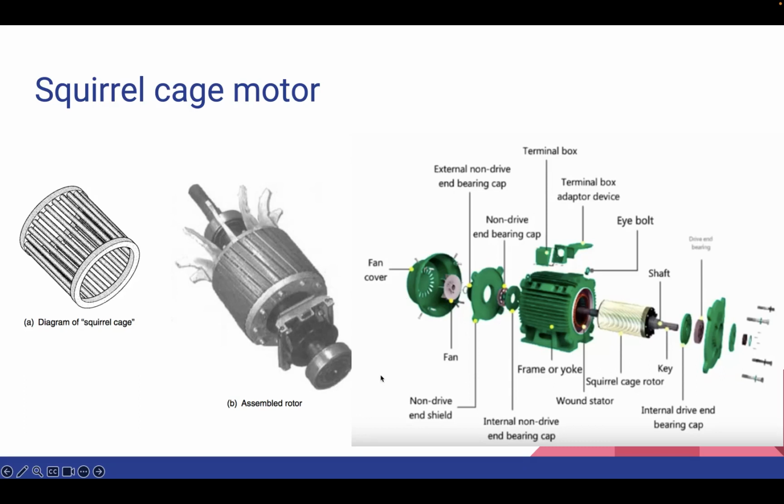However, when alternating current power is applied to the stator windings and the stator field begins to rotate, the rotor undergoes a fascinating process of magnetization by induction. So let's see how it actually works.